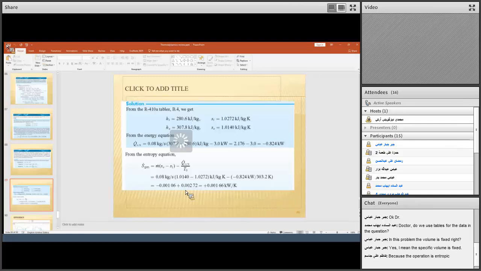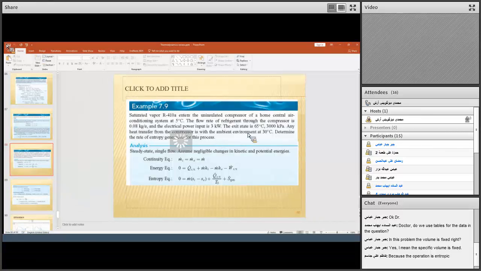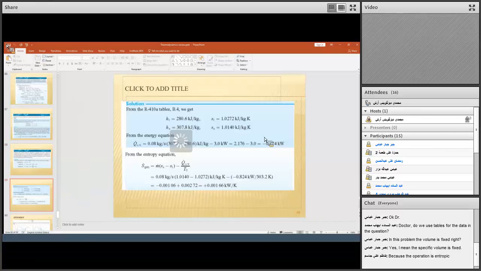So if we use this, mass flow rate equals 0.08 times entropy at exit and entropy at inlet according to the table, minus rate of heat transfer, that is minus 0.824, divided by temperature of environment, that is 30 centigrade, equal to 303.2 Kelvin.